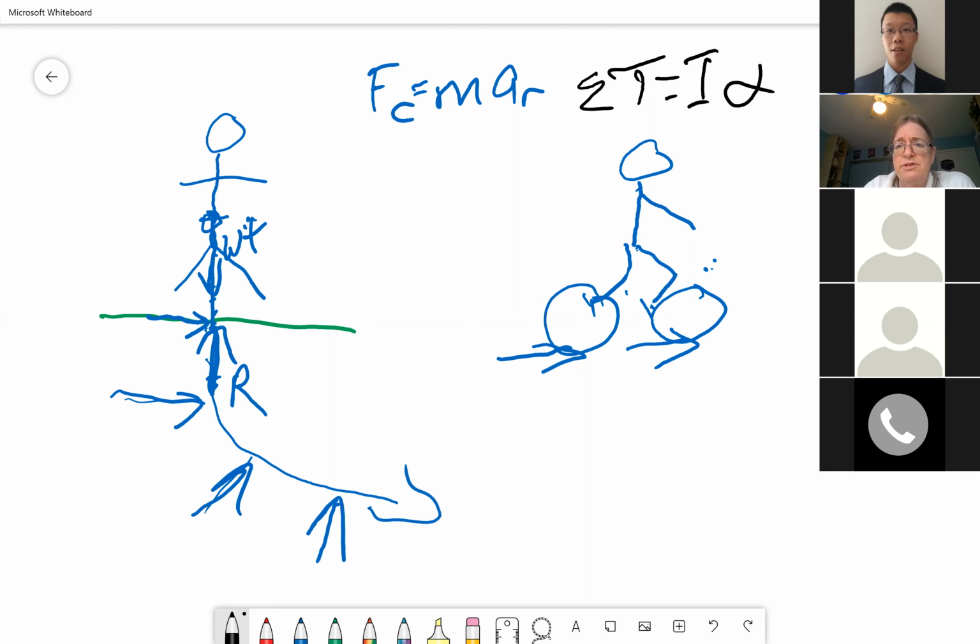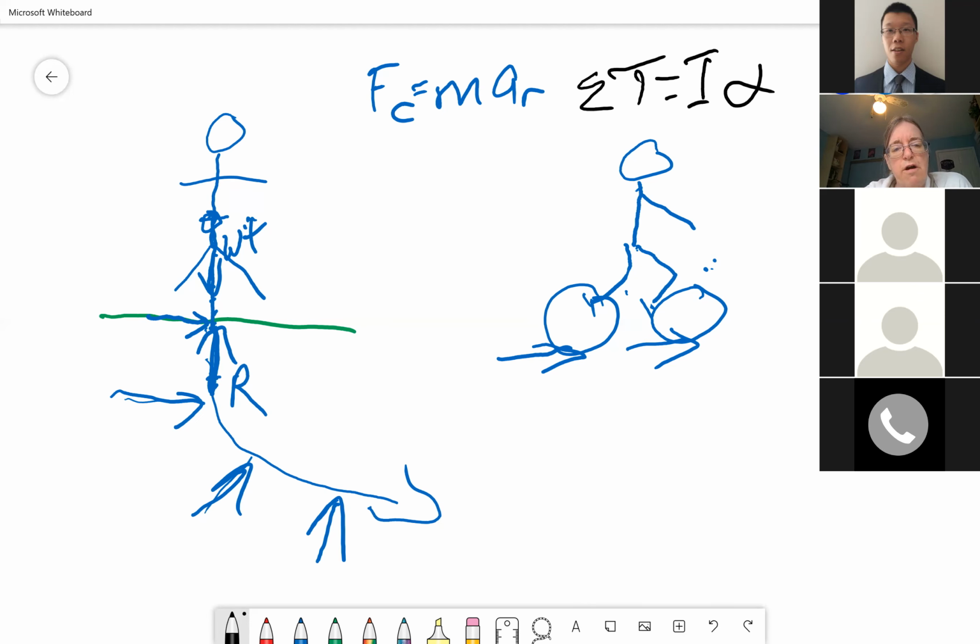So it's just the sum of the torques equals I alpha, unless your I is adjusted to be from somewhere else. So if you're just looking at your moment of inertia around the center of gravity, then you're going to take your torques around the center of gravity.